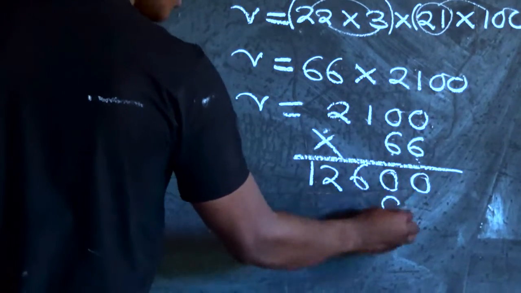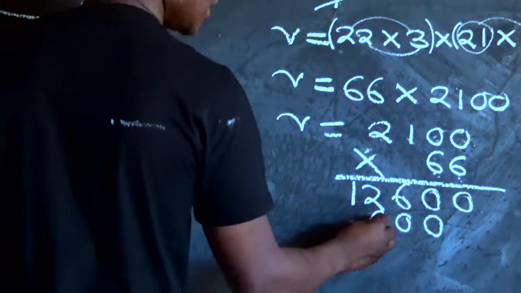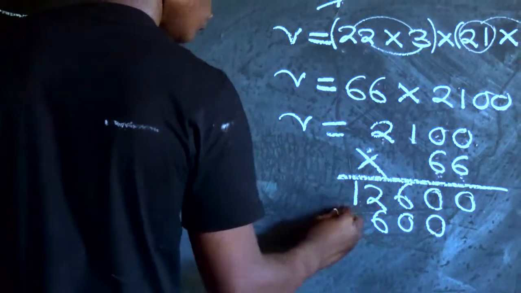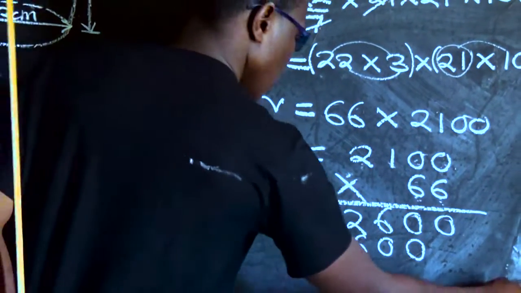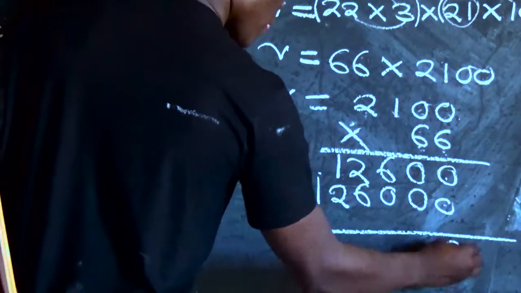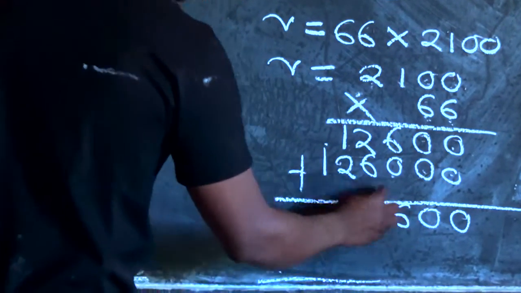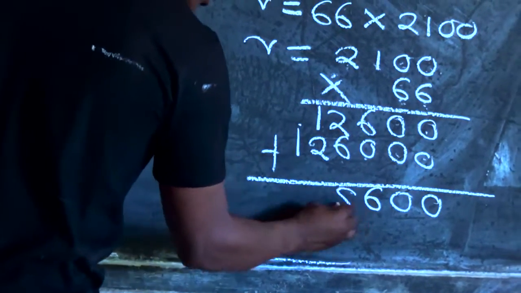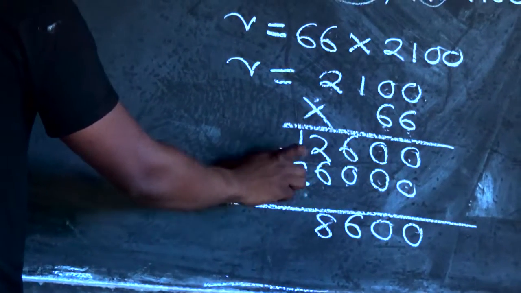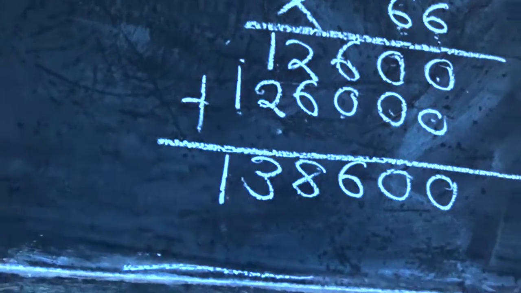Then again 6 times 0, 6 times 0, 6 times 1, 6, 6 times 2, 12. Are we together? Yes. Then you simply add: 0 plus 0, 0 plus 0, 0 plus 6, 6. Then 2 plus 6, what? 8. Then 2 plus 1, what? 3. 1 plus 0 is what? 1. Are we together? Yes.